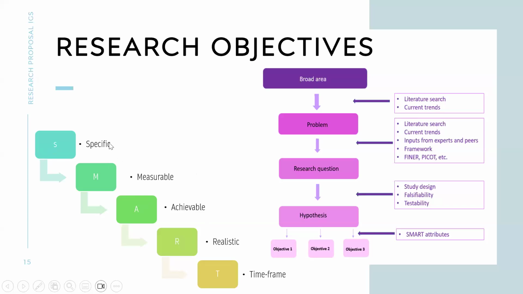Because you want to make sure that you can achieve it. Like I said just now, maybe you have some limitations, so you have a scope of work. So you have to be specific that you are going to focus only on these things rather than other things, or else your research would be very broad.